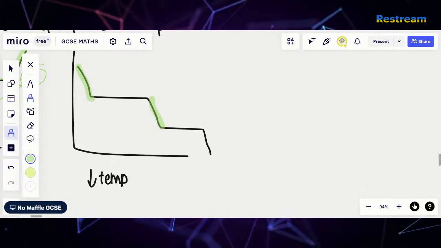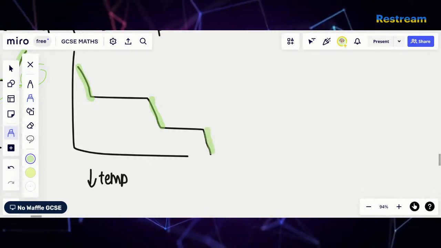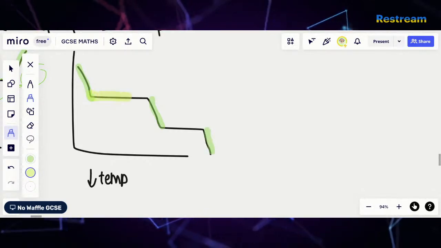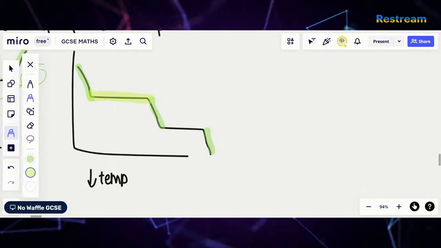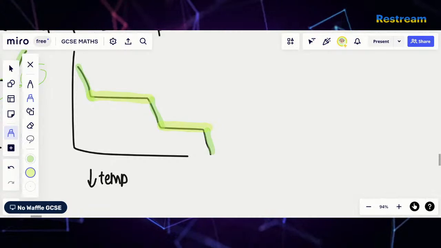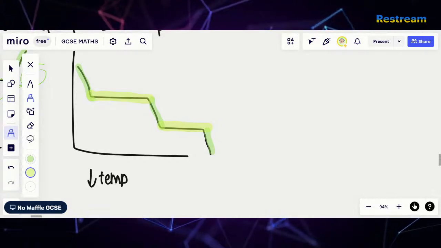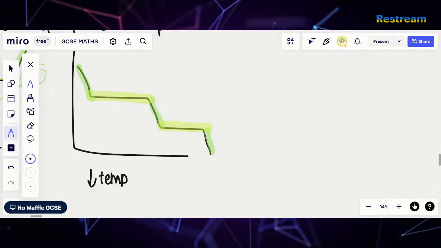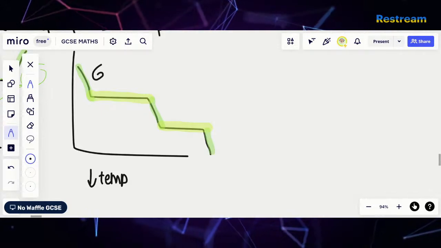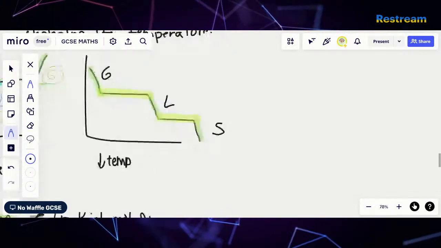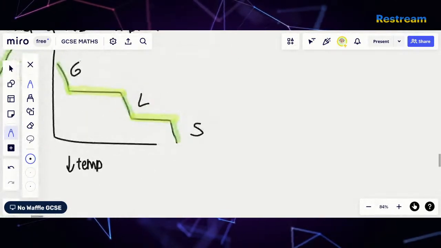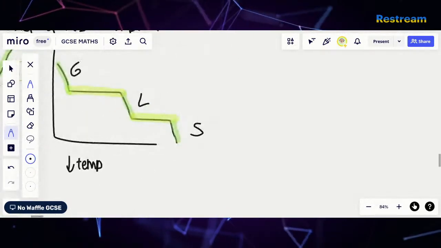At this point, it's a liquid, and at this point, it's a solid, which then means that at this point it's condensing from gas to liquid, and at this point it's freezing from liquid to solid. So we've got gas, liquid, solid. And the same rules apply here: you see there is no temperature change when we're changing state.